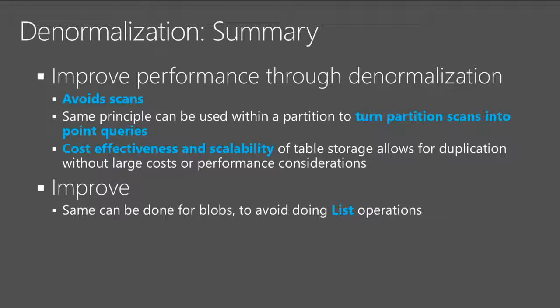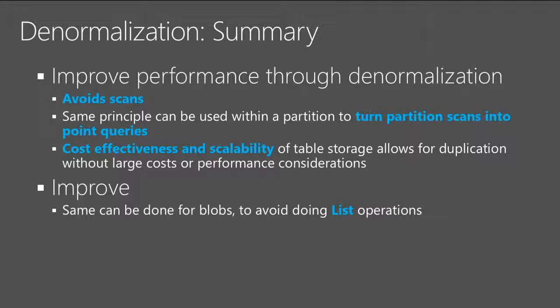So we've improved the performance through denormalization. We've avoided the table scan. You can do the same thing if you have data that feels like it's partition data. You can use the same tricks to turn partition scans into point queries. That's a little bit trickier and also less needed. Partition scans are not nearly as expensive as table scans.